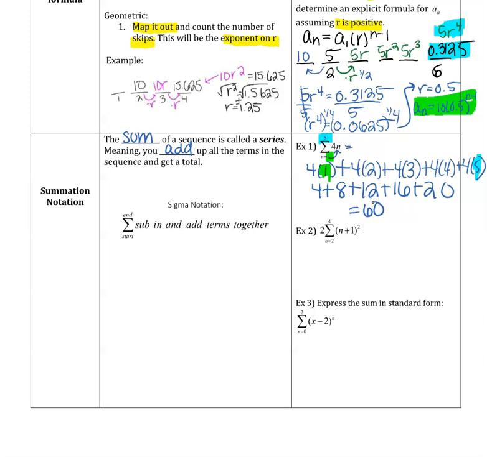Okay, now next example, they're telling me to start at 2, so I'm going to plug that in, and then I'll come back to what this does at the end. All right, so I'm going to plug 2 in for n, next integer value, next integer value, and then I'm stopping because the end was to stop at 4.